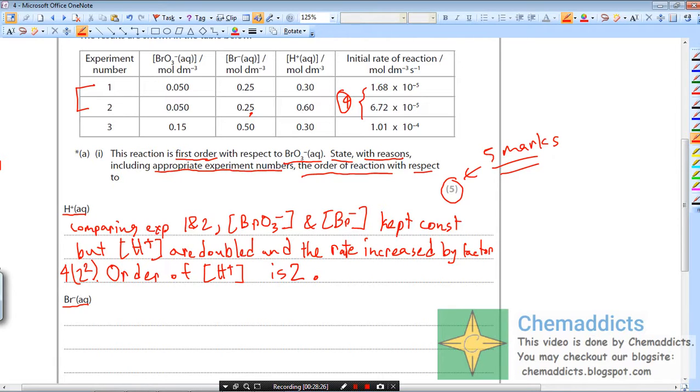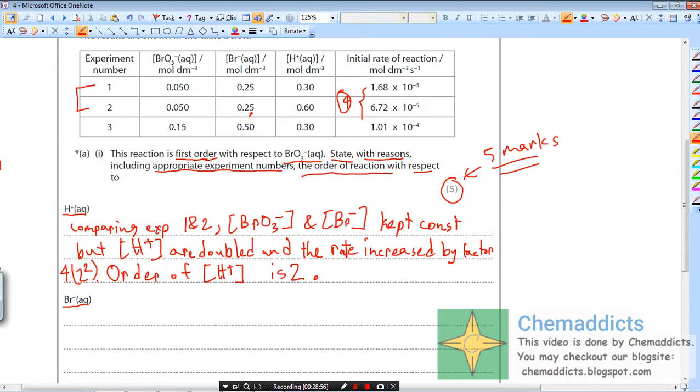So comparing 1 and 2 experiment, bromate and bromide are kept constant, but H plus ion are doubled. By increasing the H plus ion by factor 2, the rate also increases by 4 times. So the order for H plus is 2. Most of the students make mistakes over here.